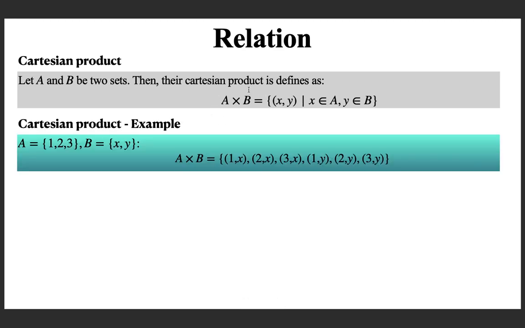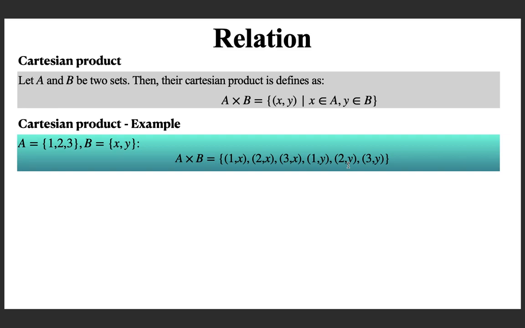Example, given A and B as these sets, then the Cartesian product is this, the set of all possible pairs, and the order in which you write it is not going to affect your Cartesian product. It is just a set of pairs, not an ordered set.